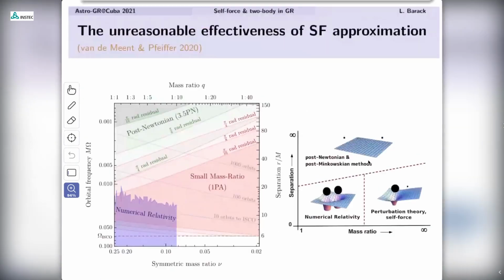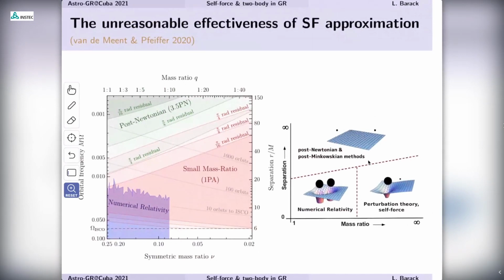Maybe I can talk over this plot, by way of concluding, just to tie to the beginning of my talk. That's a plot that was presented last year by Martin van de Meent and Harald Pfeiffer, a collaboration between self-force people and numerical relativity people. It was an attempt to give a more quantified picture and identify where those borderlines sit.